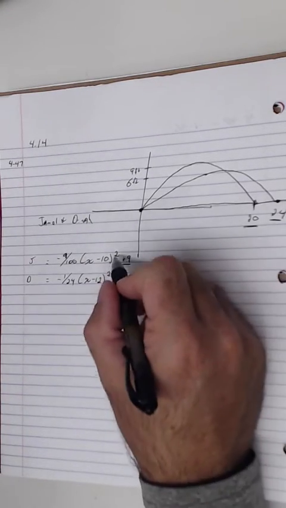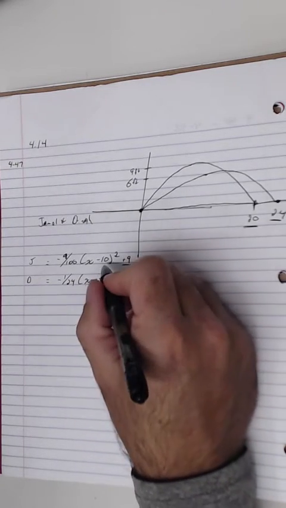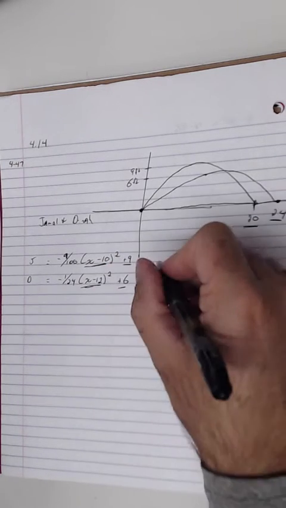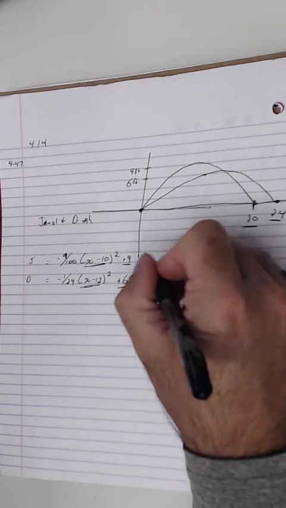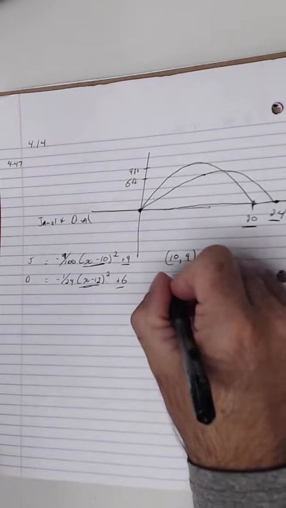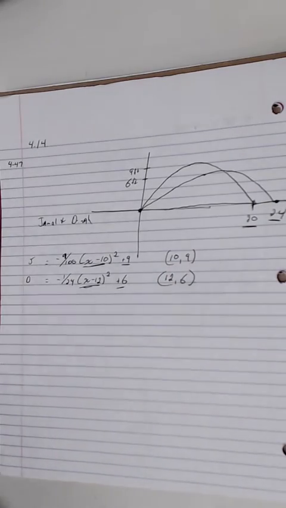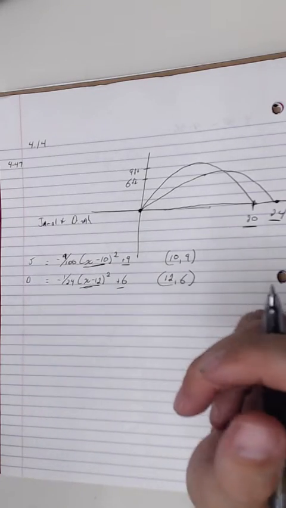Both of those are half of that, that's squared. All that's good stuff. So that would also be where your vertex is. For this one, your vertex is at 10, 9. Your vertex of this one is at 12, 6. Now the question is, what does this negative 9 and negative 6 represent?